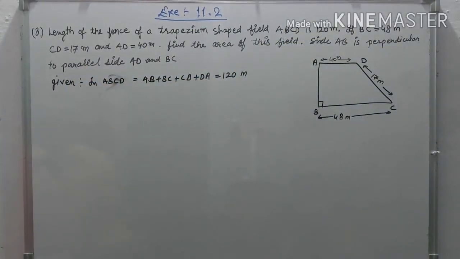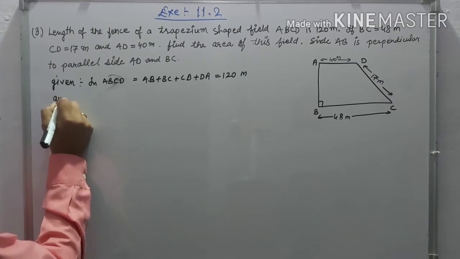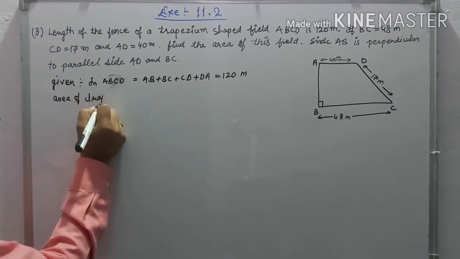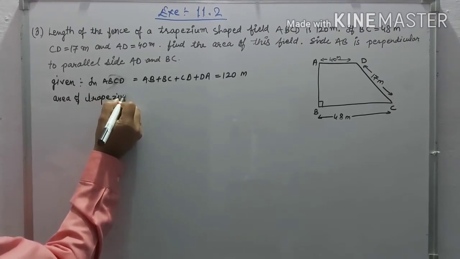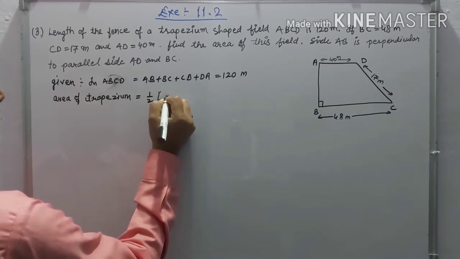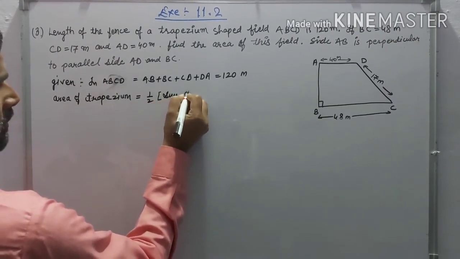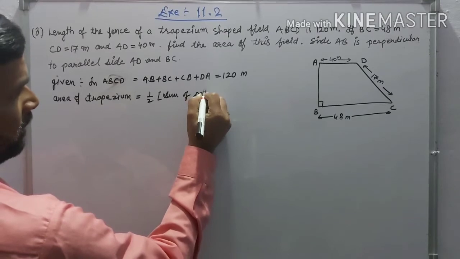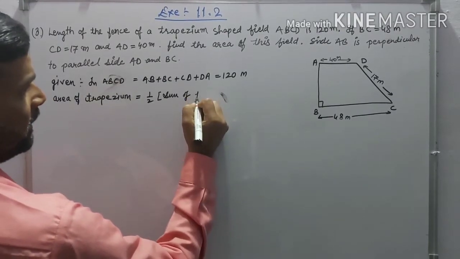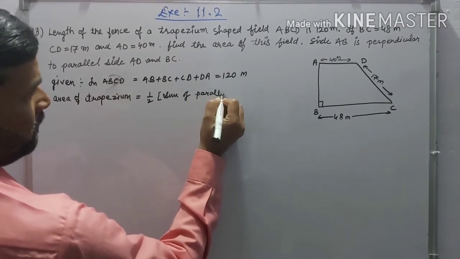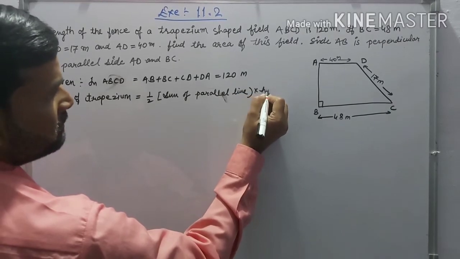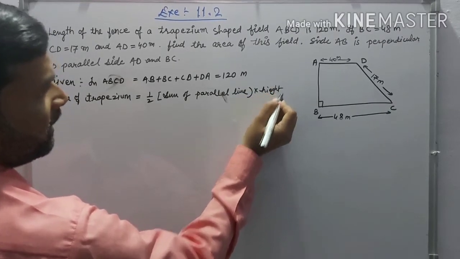Now the area of a trapezium is 1/2 times the sum of the two parallel sides times the height.